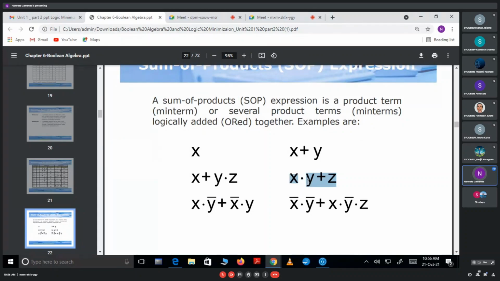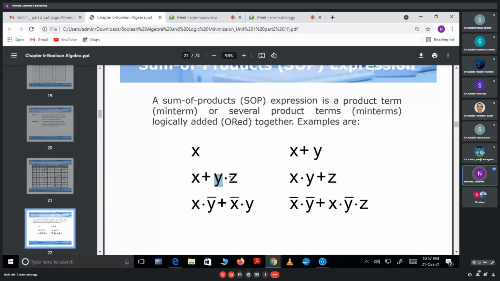How to find out whether this is an SOP expression or not? See, an SOP is a group of product terms that are ORed together. This is the product term, X dot Y plus Z. Those product terms are all together, meaning the summation of them is taken. This is one term, this is one term. Here also, this is one term, this is one term.